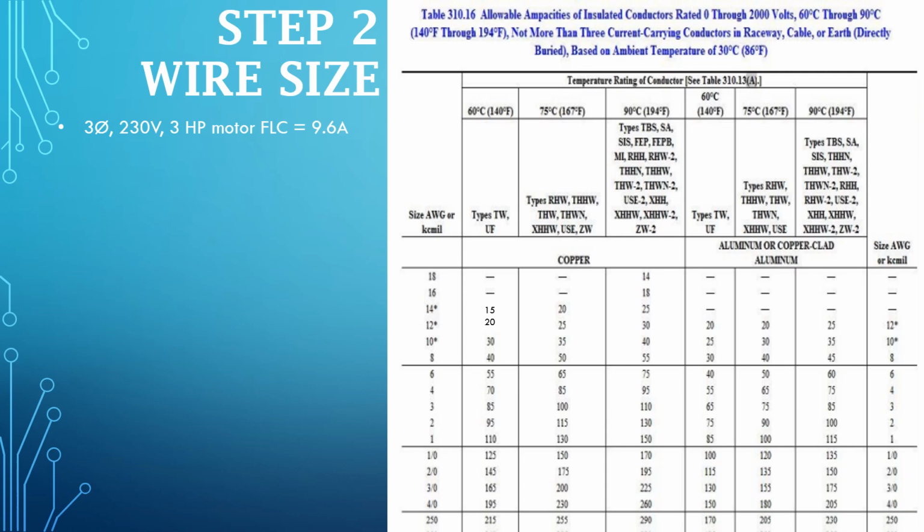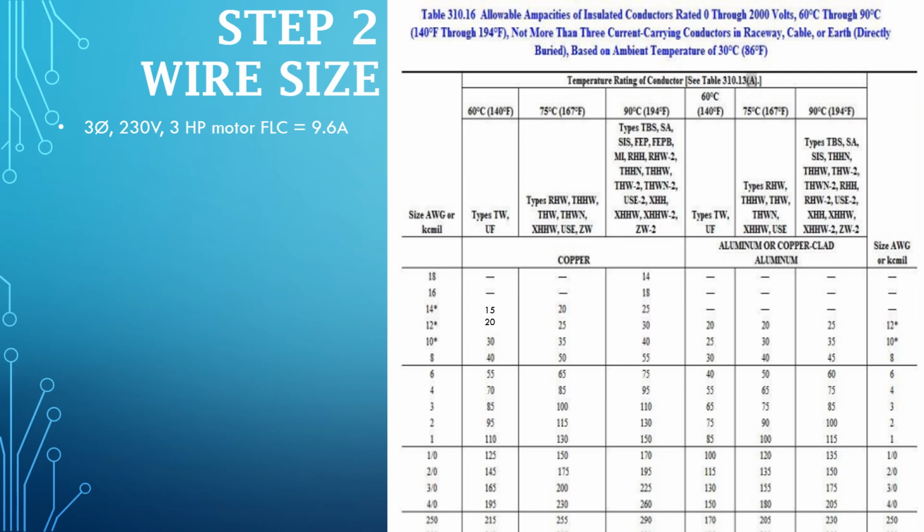So if I want to know what size wire I need, if it's a continuous duty motor, then I have to up that 9.6 amps slightly, because it may draw more than 9.6 amps, or because it's running continuously.